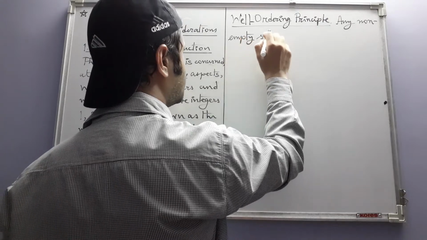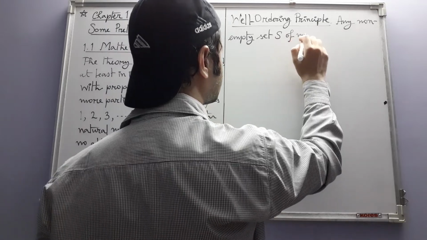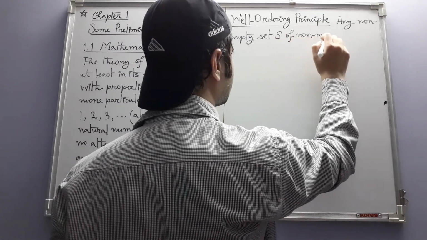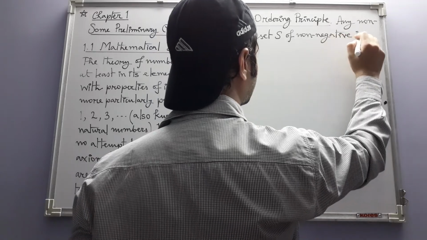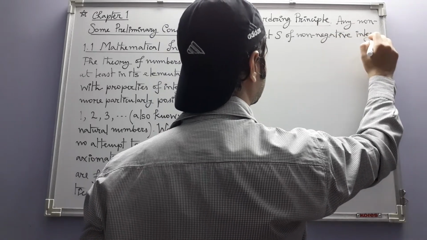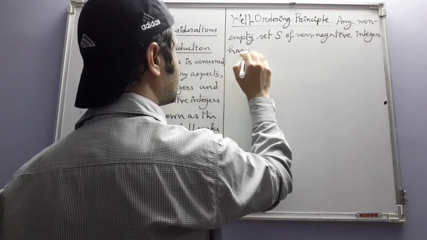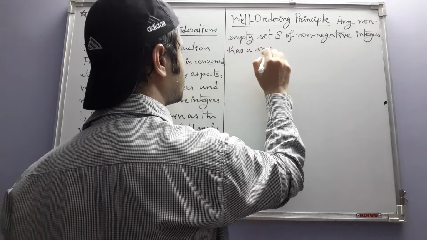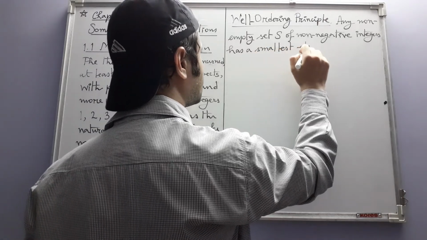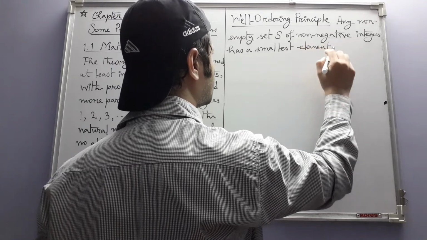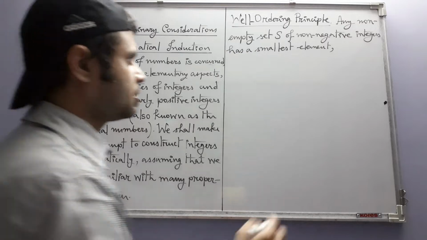Any non-empty set S of non-negative integers has a smallest element. That's what the principle says.